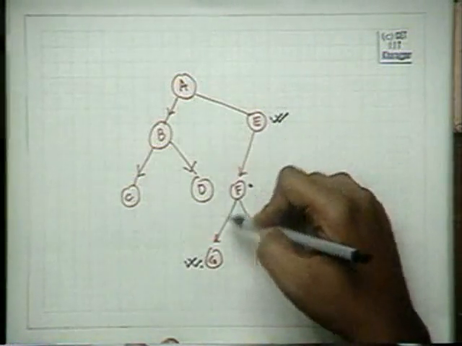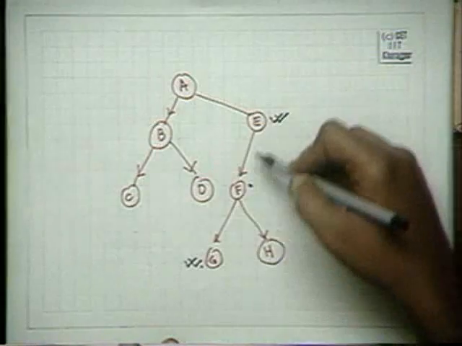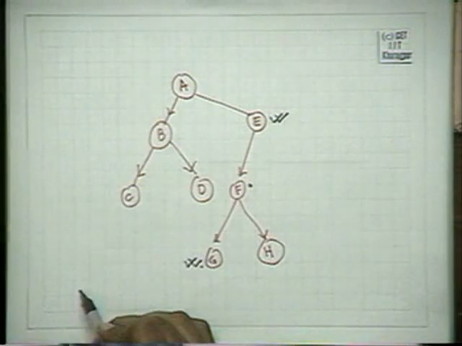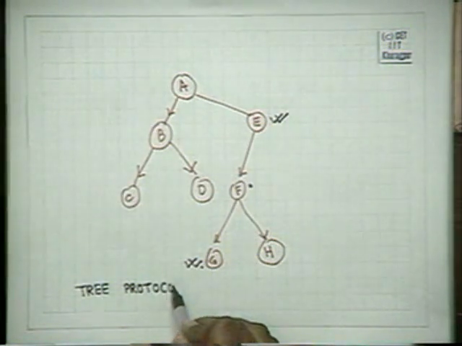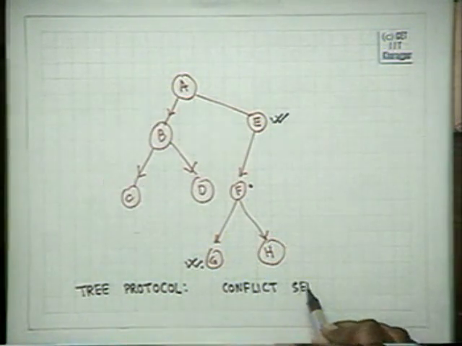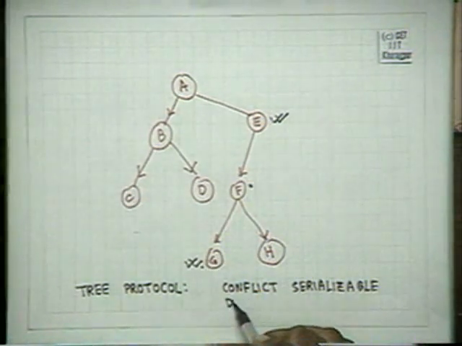So either you maintain two-phase locking protocol in which you do a sequence of locks and unlocks maintaining the dependency, first lock and then unlock, or you maintain the tree protocol where you can unlock at any point of time, but if you lock, then lock the whole path. And what you can try and prove is that this tree protocol also is both conflict serializable and deadlock free.